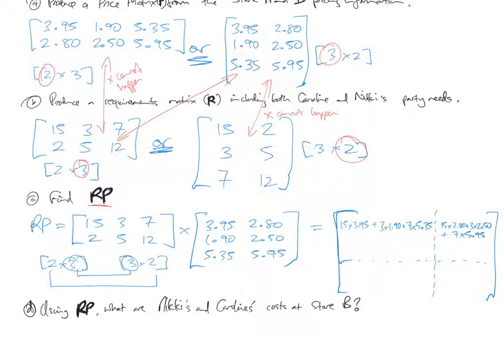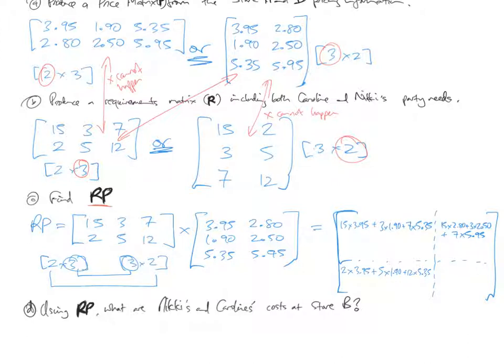The third multiplication is going to be the second row of the first matrix times by the first column of the second matrix. So it's going to be 2 lots of 3.95 plus 5 lots of 1.90 plus 12 lots of 5.35.